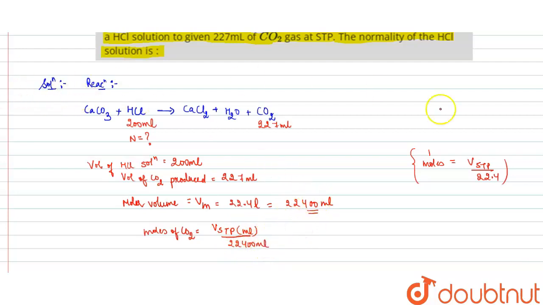So we calculate the number of moles by dividing the volume at STP by the molar volume. Now volume at STP is 227 and we'll divide it by 22400, which on simplification will give us the number of moles of CO2 as 0.01 moles.